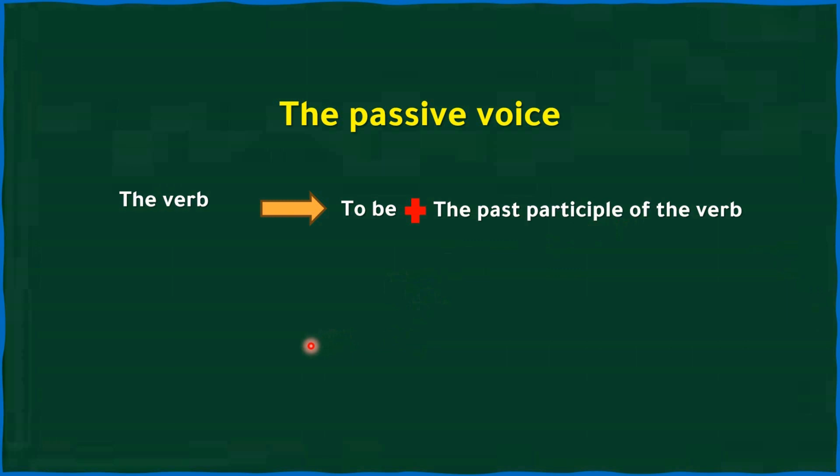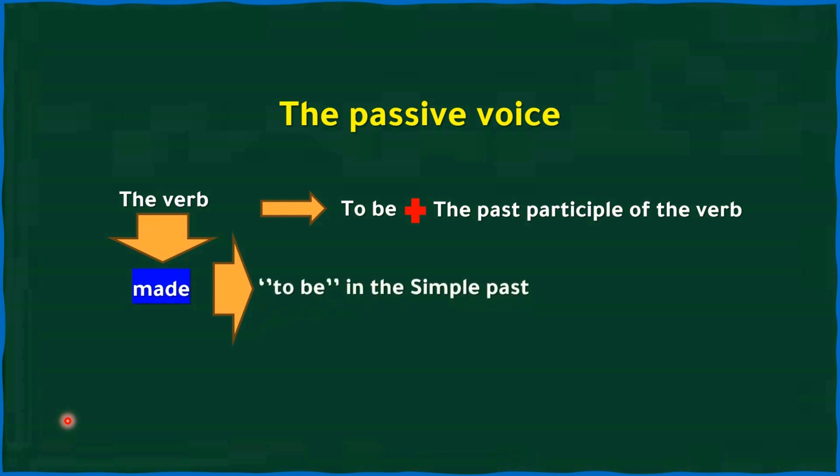The past participle is made: were made. Here, made is the verb to make in the simple past.